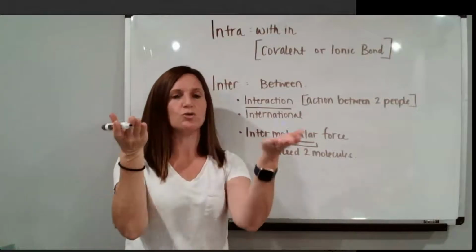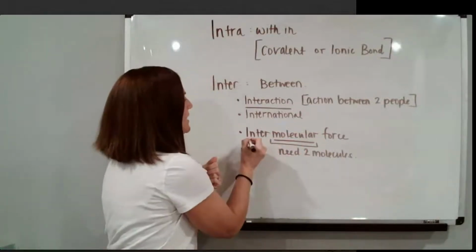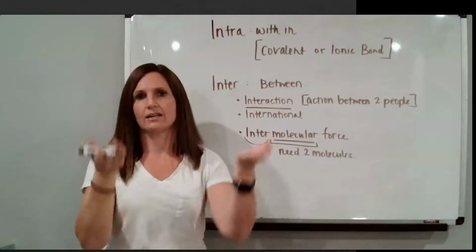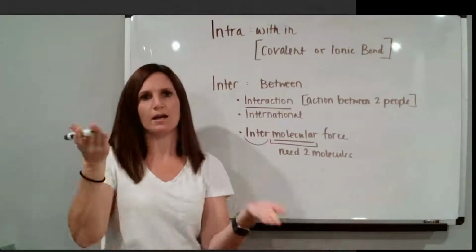As long as it's two separate molecules, we can have an intermolecular force. We just need two separate molecules already put together. So an intermolecular force is not the kind of thing that holds molecules together or that binds something together. This is just kind of like a force of interaction. This is just a way that molecules behave when they're in the same space.